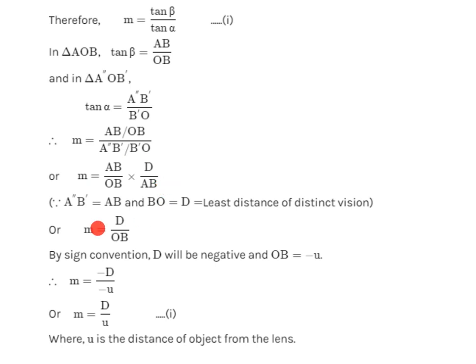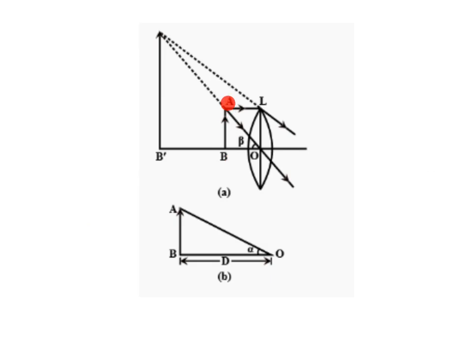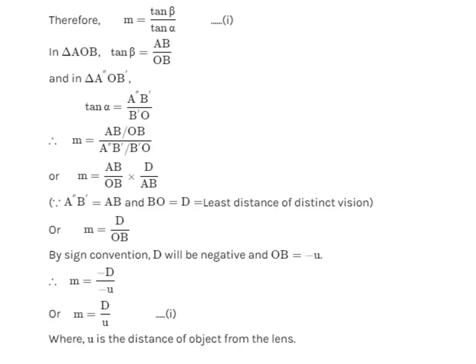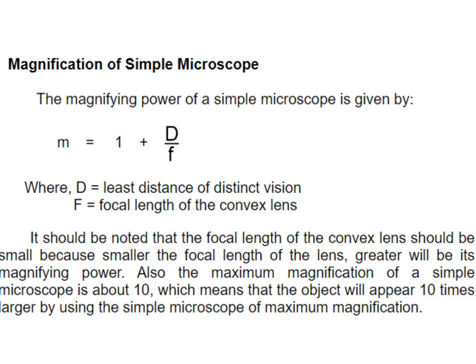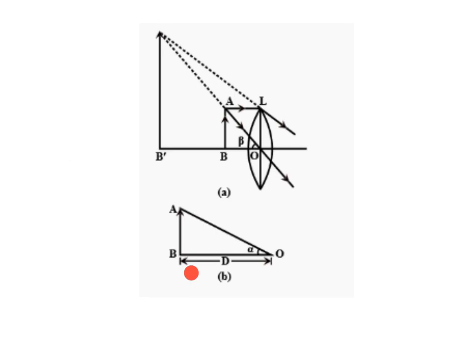We know that A dash B dash is equal to AB, so put this value here. A dash B dash is equal to AB and BO is equal to D. What is the distance BO? BO is equal to D. So what will we get?